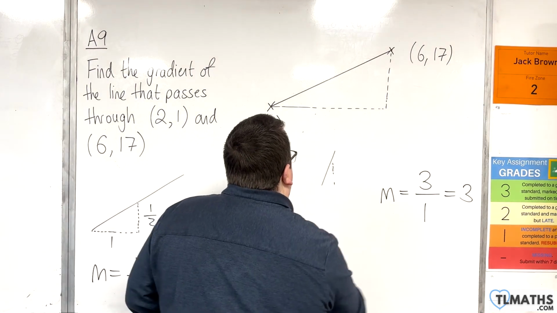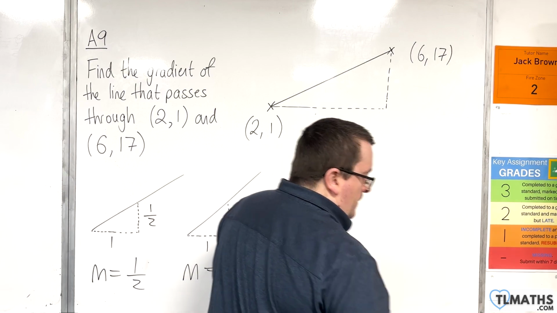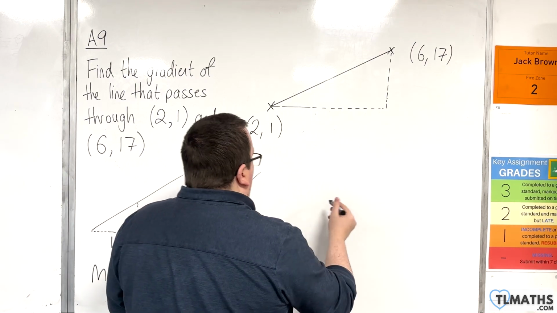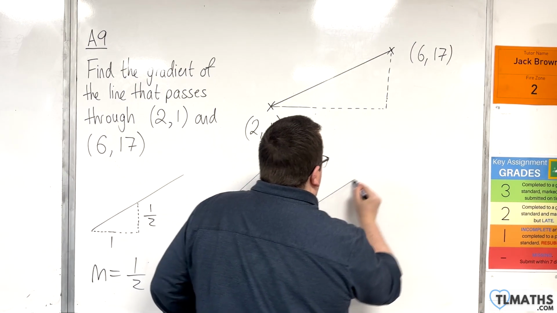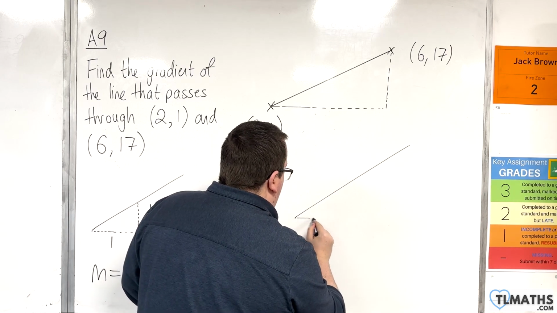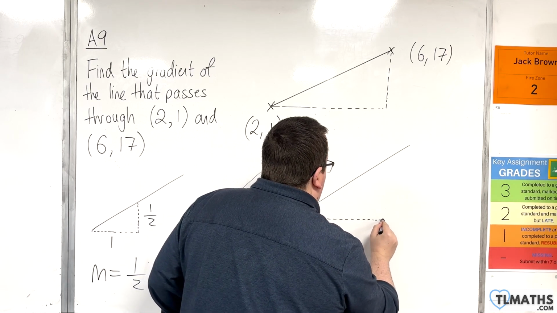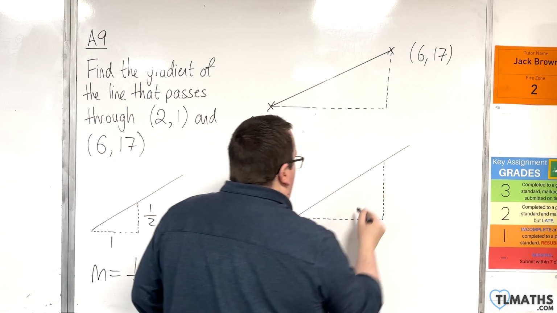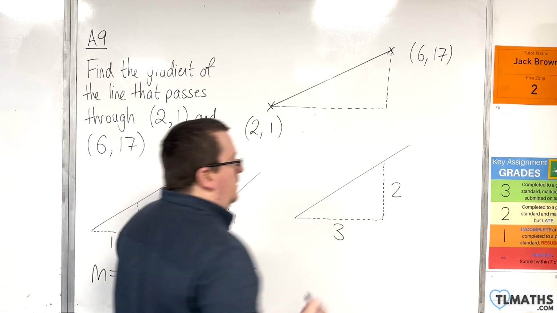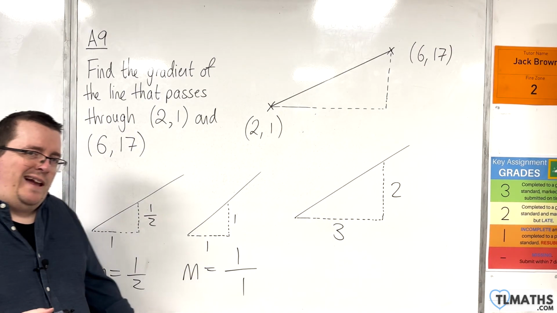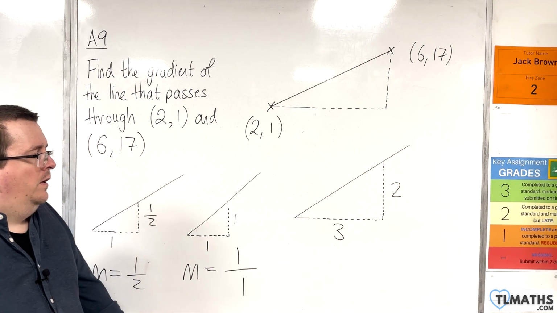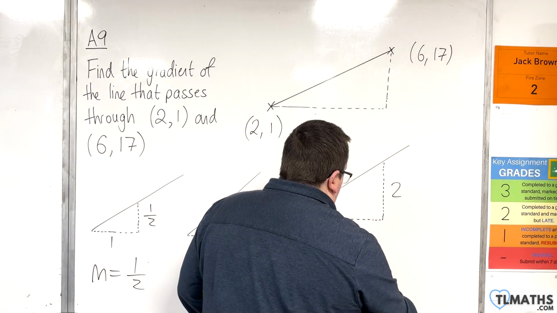Another example would be looking at something maybe like this, and I knew that for every 3 along, I was going up 2. So how do I calculate the gradient then? Well, I do the same thing.